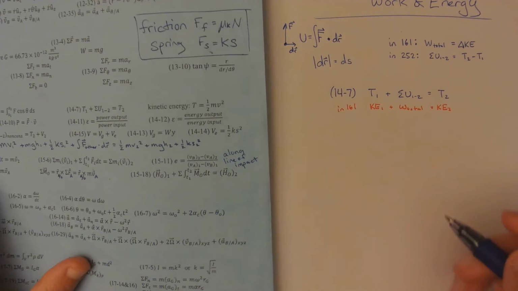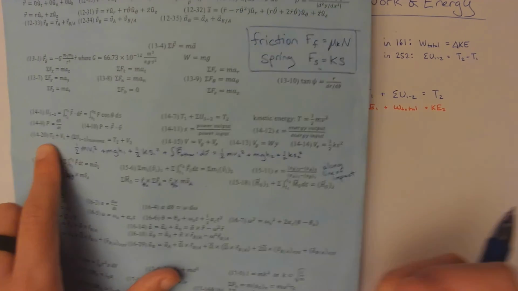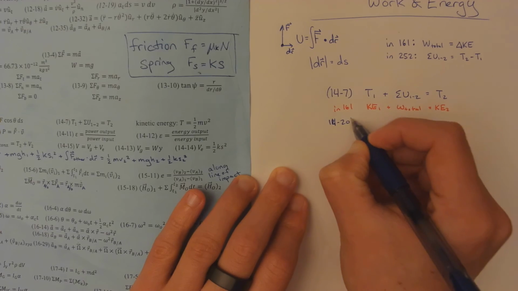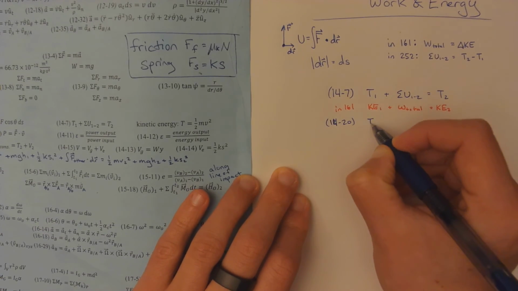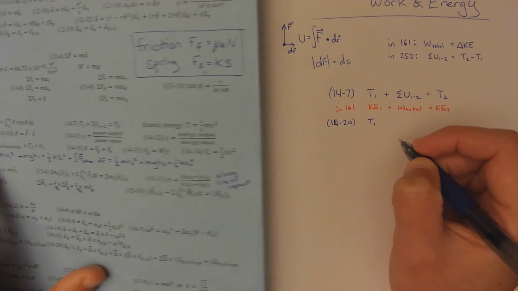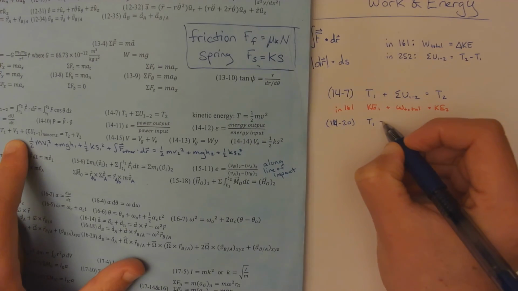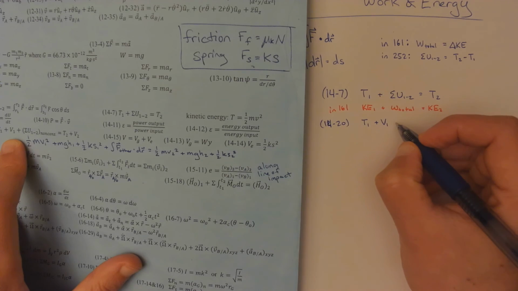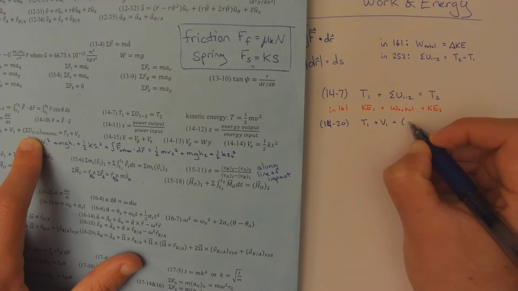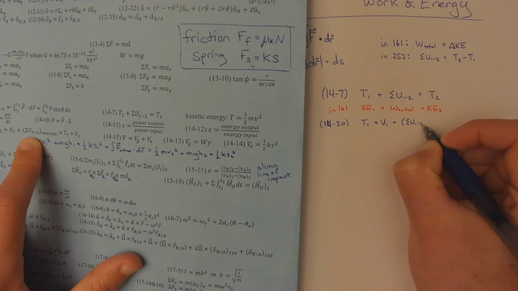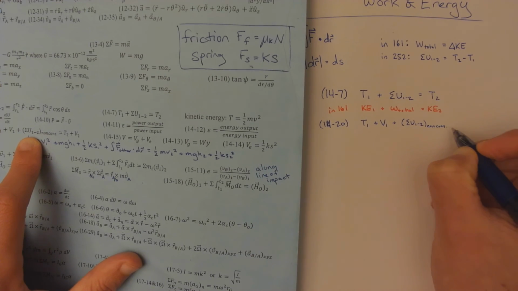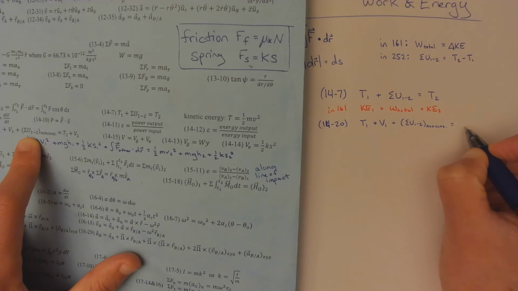Okay, and then we have equation 14.20, which says T1, which is the initial kinetic energy, plus V1, which is the initial potential energy, plus the work done by non-conservative forces is equal to T2 plus V2.